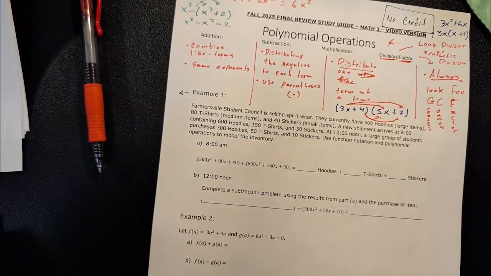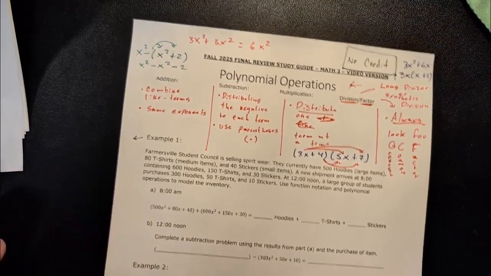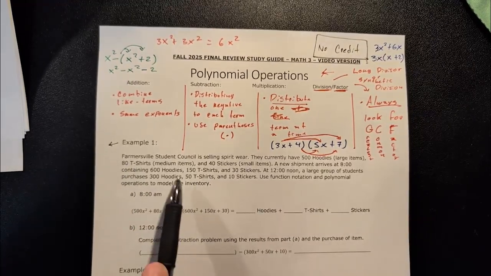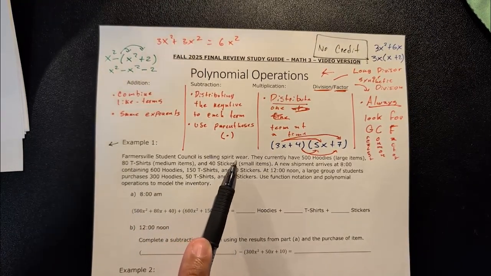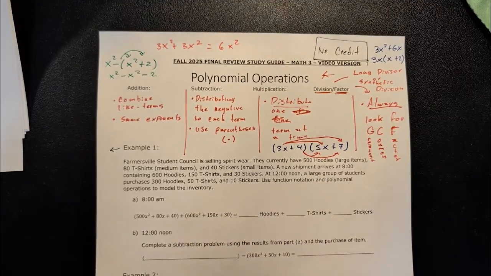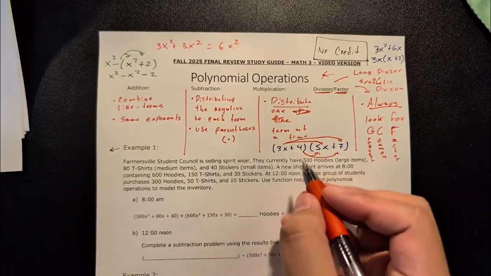Okay, so now let's do example 1. Let's read it. Forestville Student Council is selling spiritware. They currently have 500 large items. Here, I'm going to underline some important things that we need to take out.